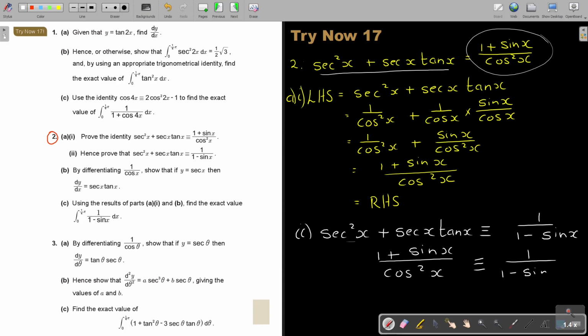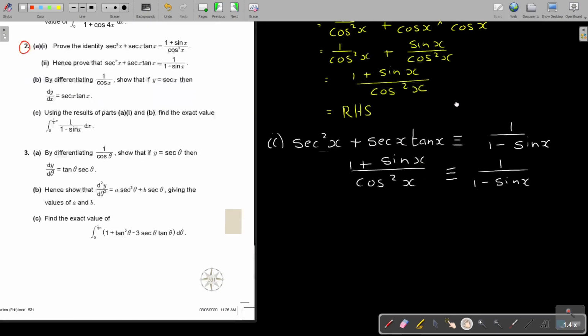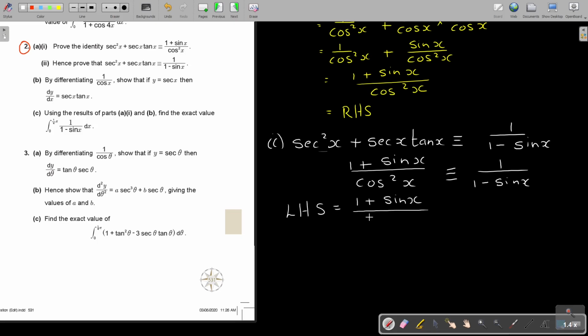Okay, so let's first go with the identity. That's now my identity after I simplify. Now, don't forget, I'm starting again with the left-hand side, and the left-hand side is 1 plus sin x over cos squared x. Okay, and now I want to go to sin. Remember, sin squared x plus cos squared x is 1, so cos squared x equals 1 minus sin squared x.